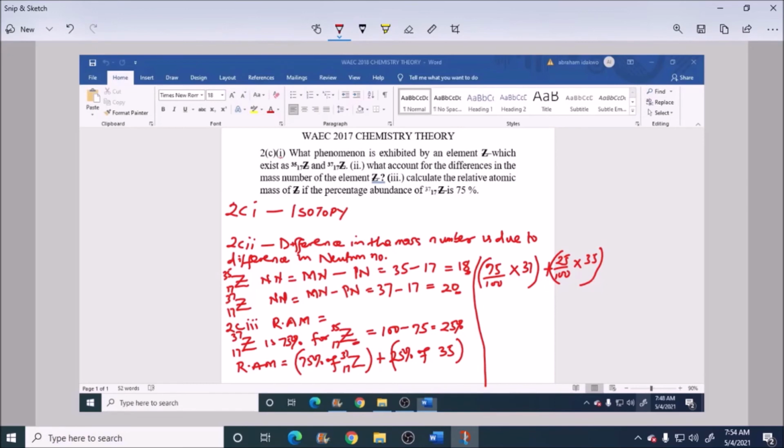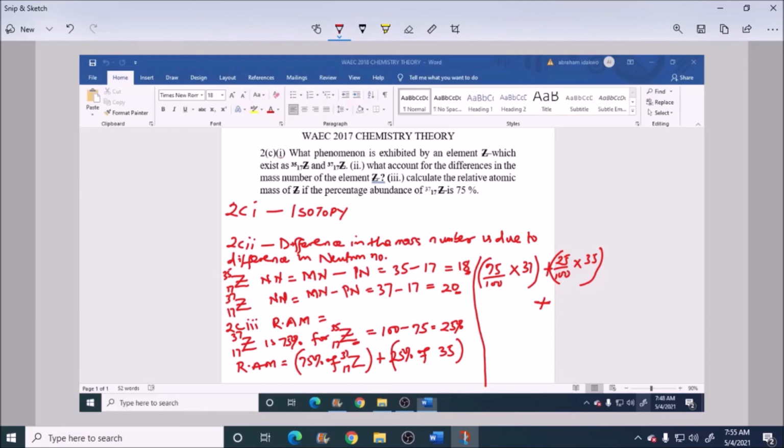So the answer for the two, when calculated, we are going to have 25% of, we have 75%. So don't forget that we have 75% of 37 as the mass number. So the elements here having 75% abundance in nature, then the mass number here is 37.